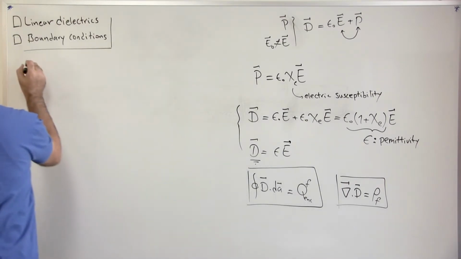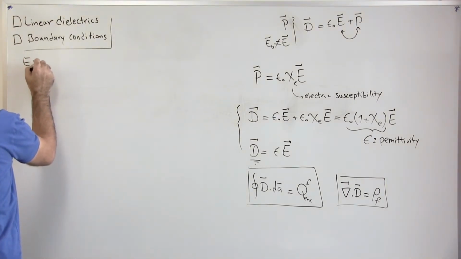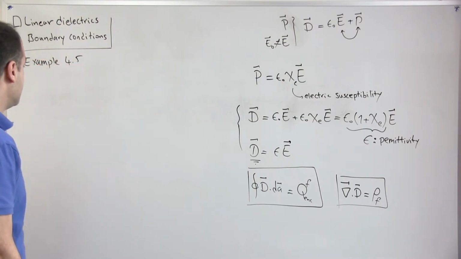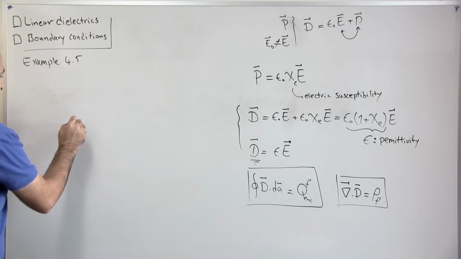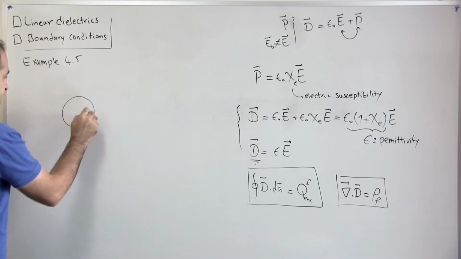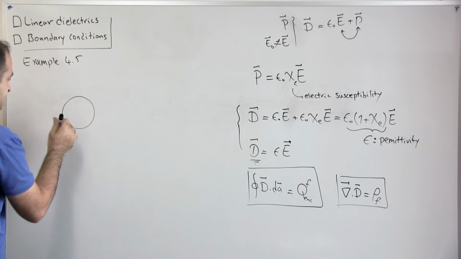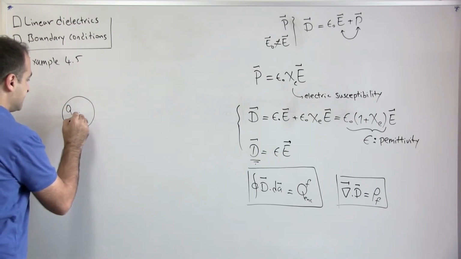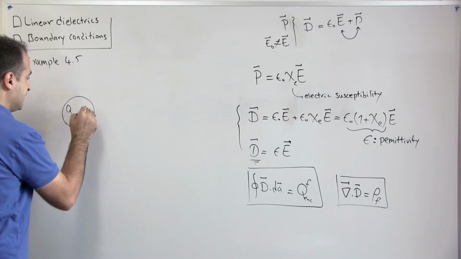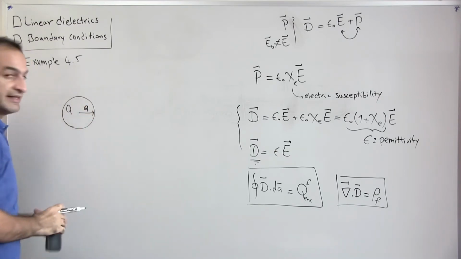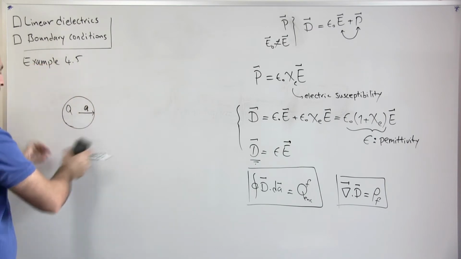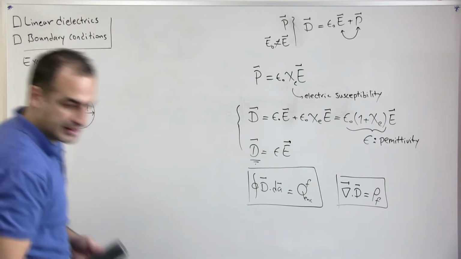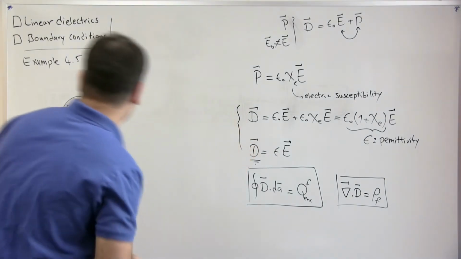So write here example 4.5. The example is that you have one charged sphere that carries the charge of Q. The radius of the sphere, let's assume, is A. And the whole sphere is covered by a dielectric material up to radius B. Let me choose a different color.